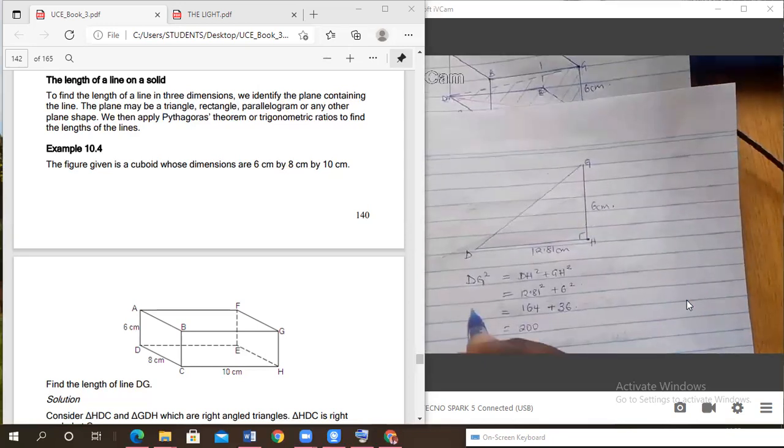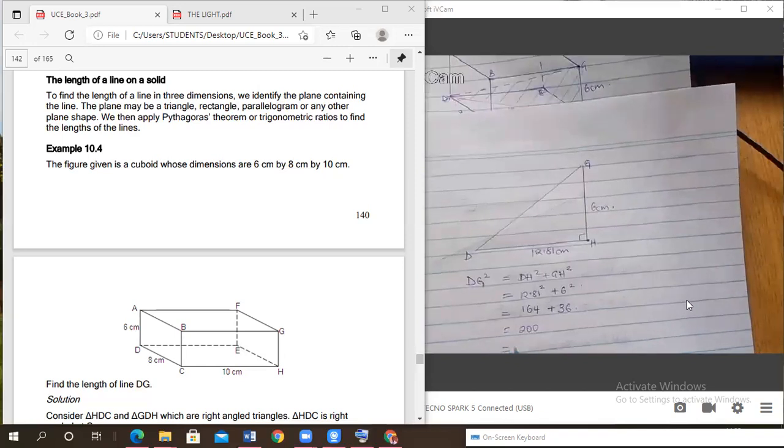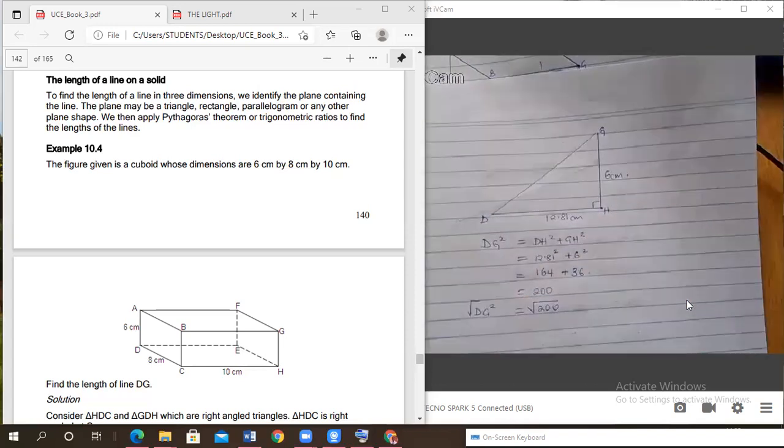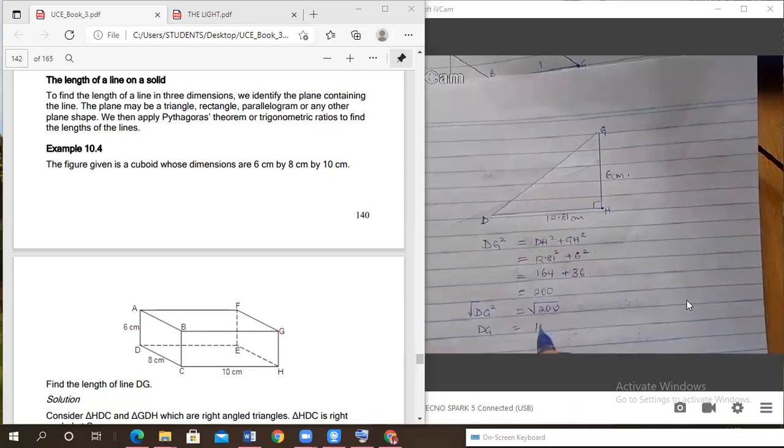So DG squared is 200, we find the square root of 200. And DG becomes 14.14 centimeters.